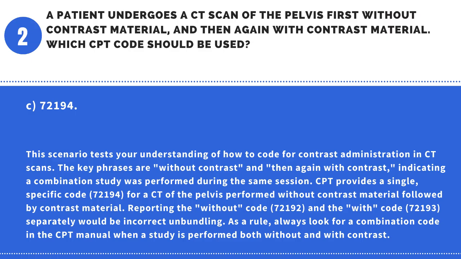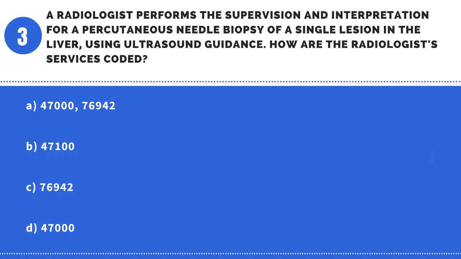CPT provides a single, specific code, 72194, for a CT of the pelvis performed without contrast material followed by contrast material. Reporting the without code, 72192, and the with code, 72193, separately would be incorrect unbundling. As a rule, always look for a combination code in the CPT manual when a study is performed both without and with contrast.